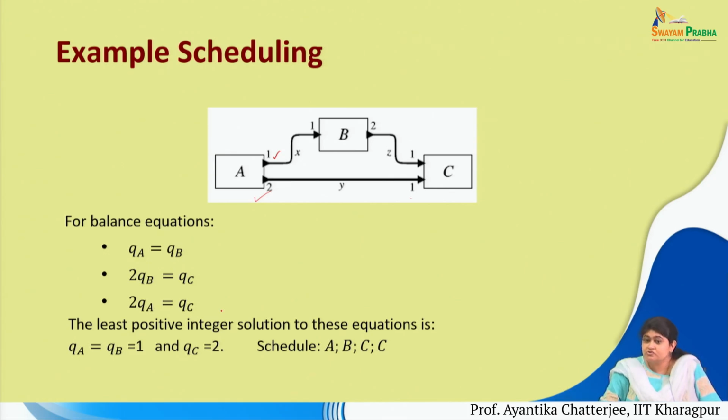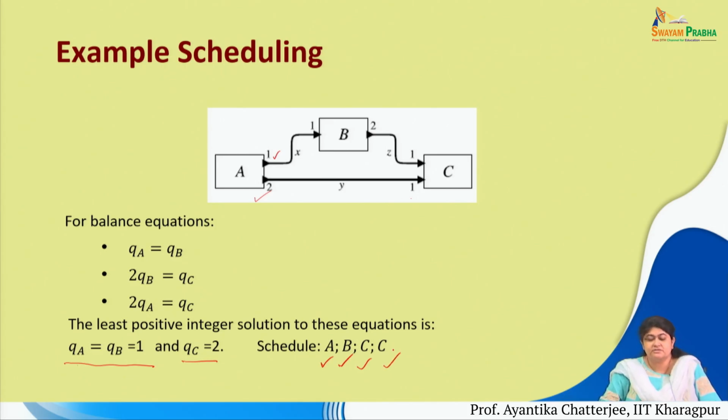Now if we try to solve these equations, the least positive integer solution is QA equal to QB equal to 1 and QC equal to 2. So here also the schedule will be QA equal to 1, so A, QB equal to 1, so B, QC equal to 2, hence C. Okay.